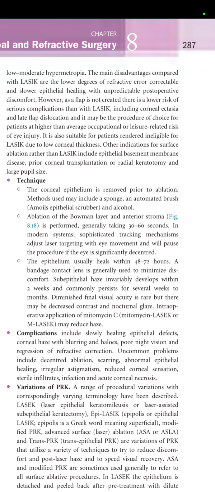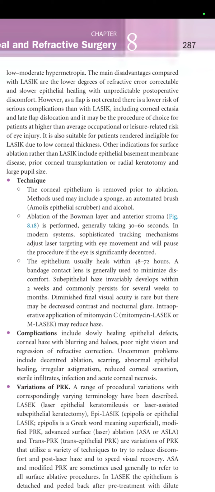However, as a flap is not created, there is a lower risk of serious complications than with LASIK, including corneal ectasia and late flap dislocation, and it may be a procedure of choice for patients with a higher than average occupational or leisure related risk of eye injury. It is also suitable for patients rendered ineligible for LASIK due to low corneal thickness.